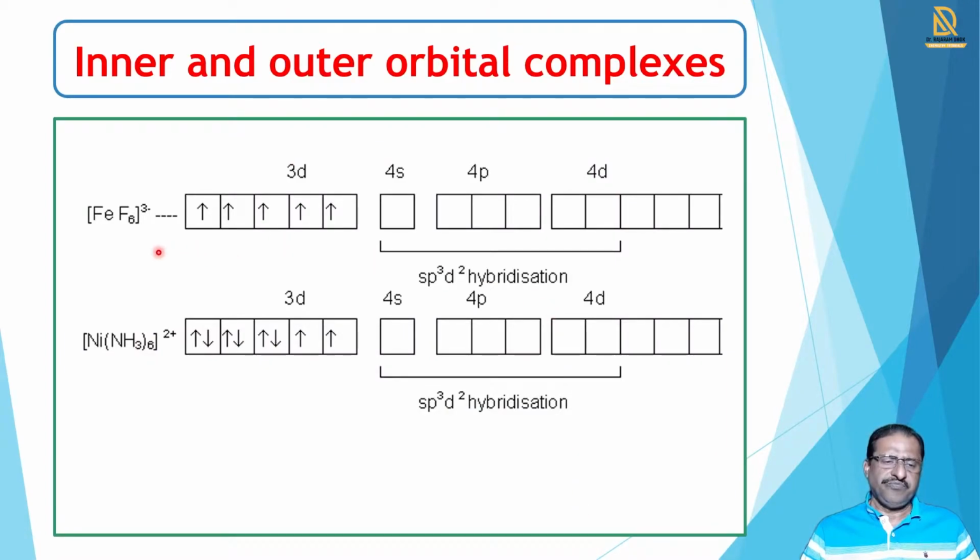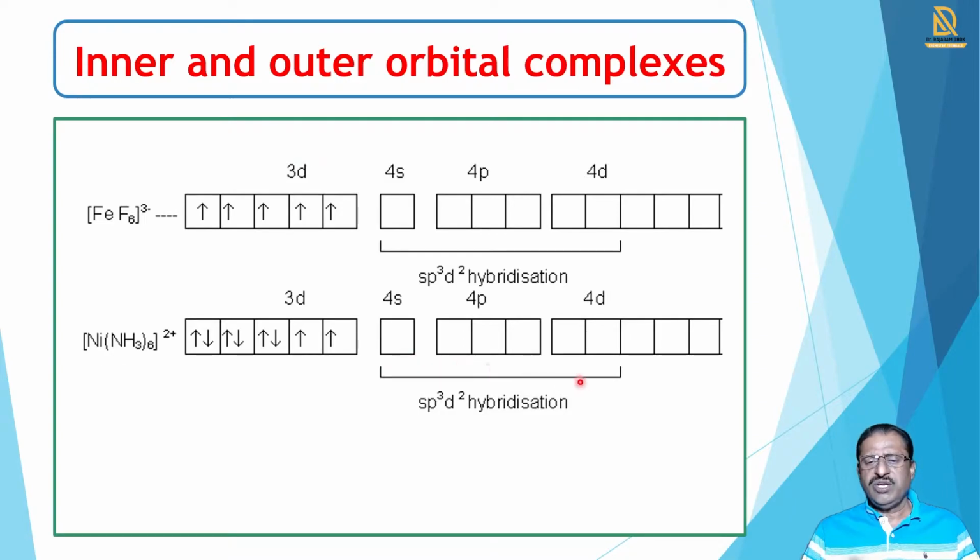So you see here these two examples. In this case, the 3d orbital electrons are not used, and it shows 5 unpaired electrons. Here sp3d2 hybridization is possible. In [Ni(NH3)6]2+ also, the 3d orbitals are not used.